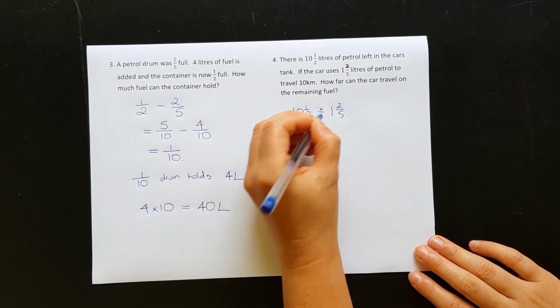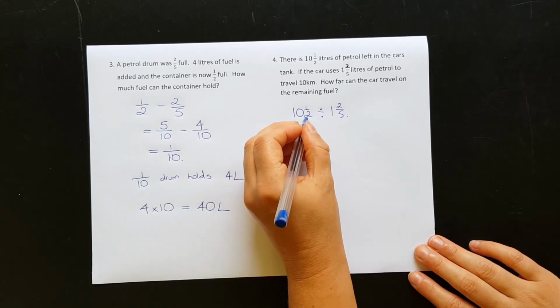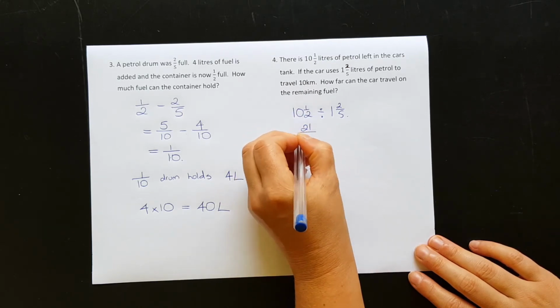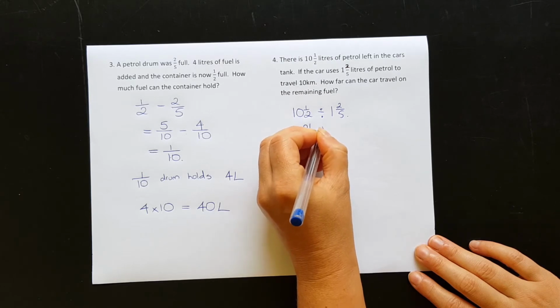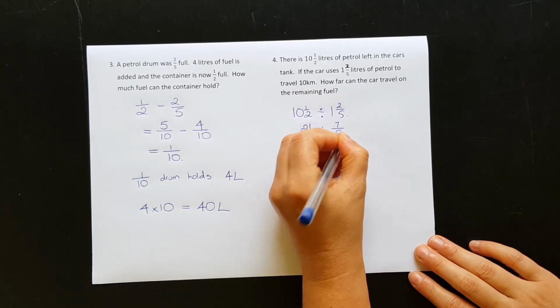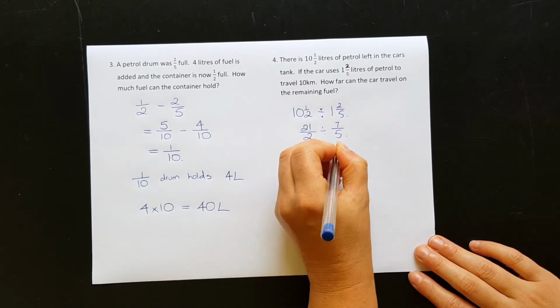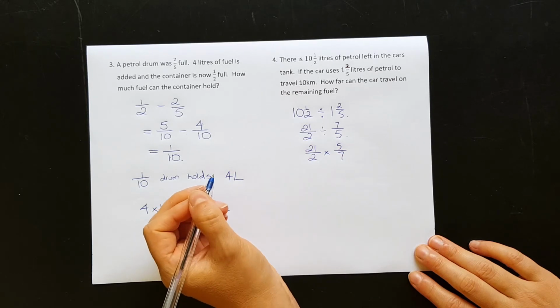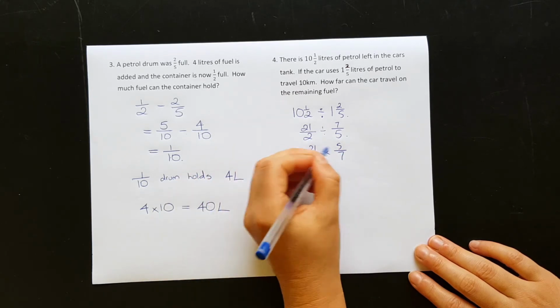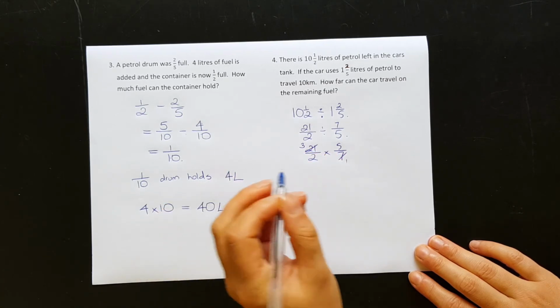So to divide those numbers, we need to turn these into improper fractions. So this would be 21 on 2 divided by, that times that plus that is 7 over 5. Then we turn our divide into a times, turn the fraction upside down, and cancel out. So 21 and 7, we can divide by 7 to get 3 and 1.